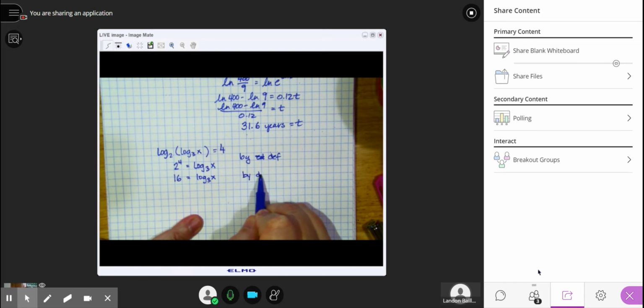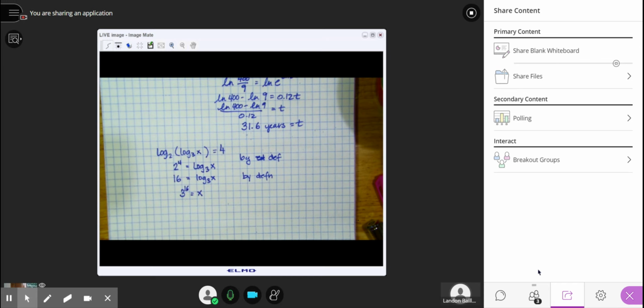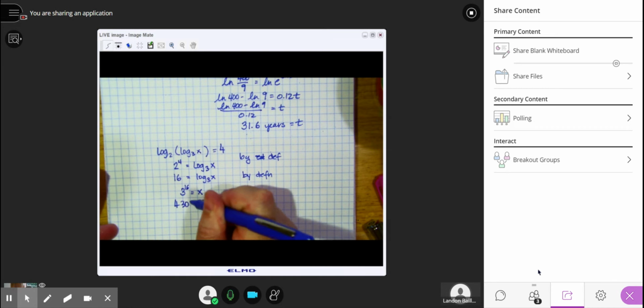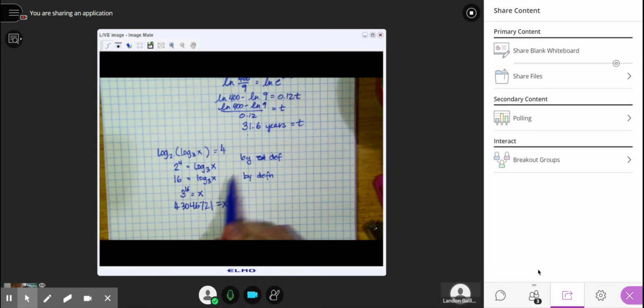And then I can use the definition again and use your base of 3 to the exponent 16 has to equal the result of this log, or x. That's going to be a just wonderful number. No, there's no division.